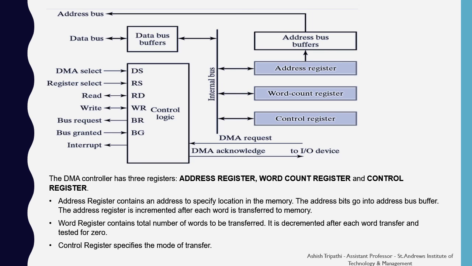This is being set by the CPU to the DMA in the word count register. It is decremented each time the word has been read from the memory or has been written to the memory. The control register specifies the mode of transfer, that is whether DMA is used to read from the memory or DMA is used to write to the memory.